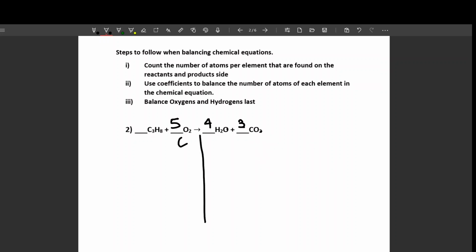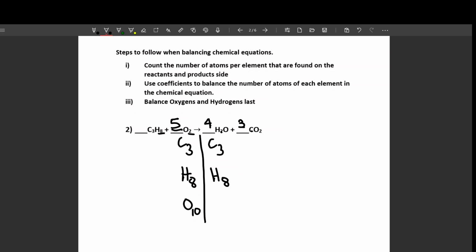So let's see what we have. We have 3 carbons, 8 hydrogens, and 10 oxygens, because it's 5 times 2, so 10 oxygens. That's balanced. Let's look at the product side. On the product side we have 3 carbons, because it's 3 times 1. We have 4 times 2 is 8, so we have 8 hydrogens.